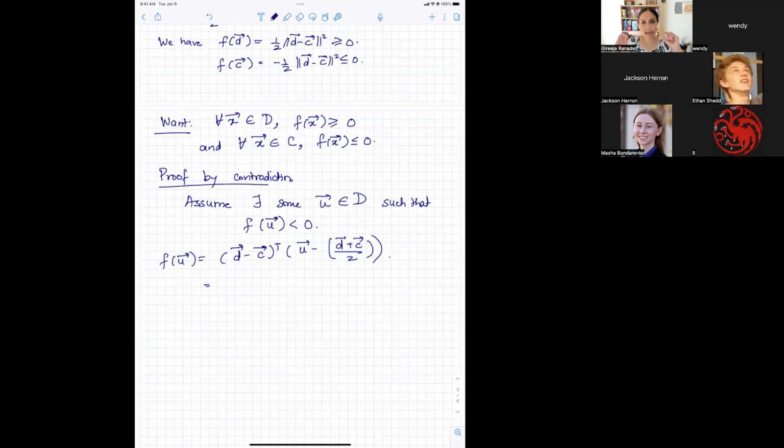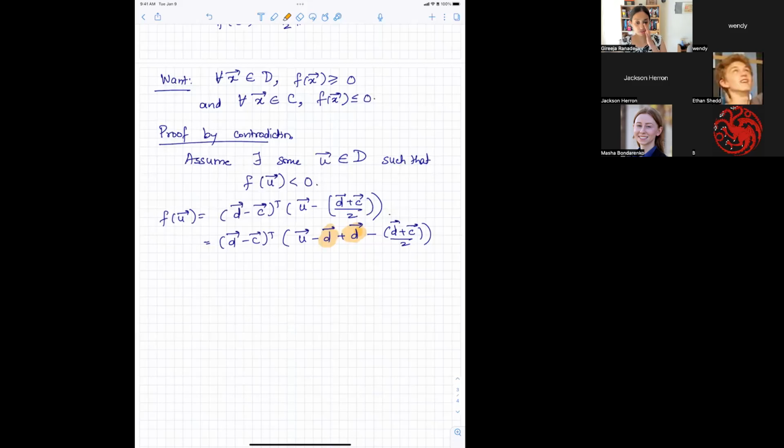And then we're just going to do some algebraic massaging to get this into a form that is convenient for us. So here, in this expression, I'm going to consider u minus D plus D minus (D plus C) over 2. I just added and subtracted the same term. Clearly, I haven't changed the value of f of u, right? This is obviously equal.